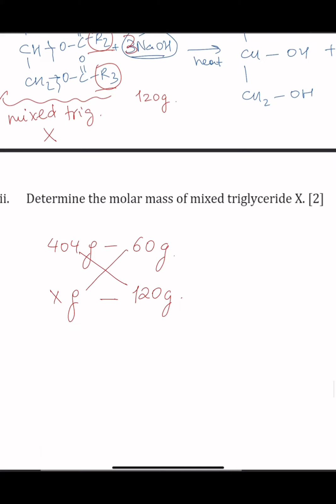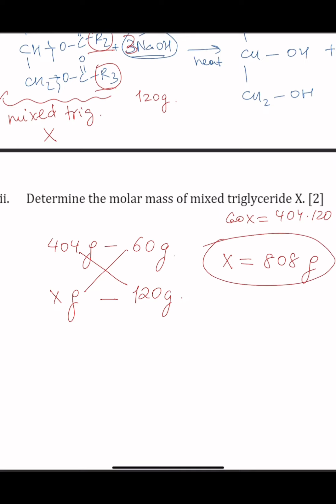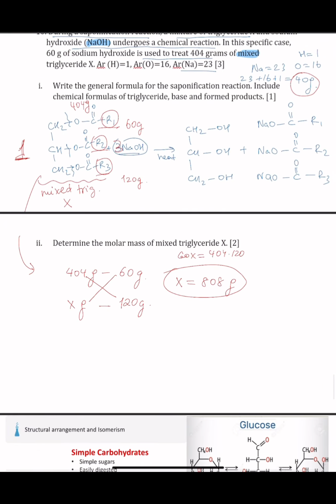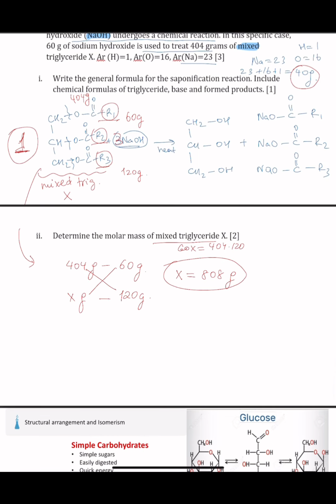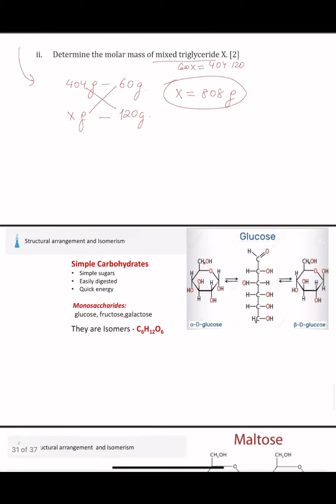So I can do my proportion: 60X equals 404 multiplied by 120, and X equals 808 grams of triglyceride. So this is the molar mass of triglyceride, because 1 mole reacts with 3 moles of sodium hydroxide. Now that is that regarding the lipids.